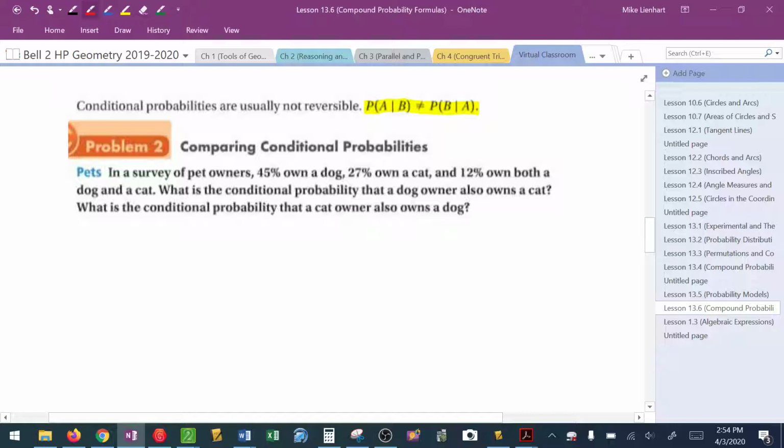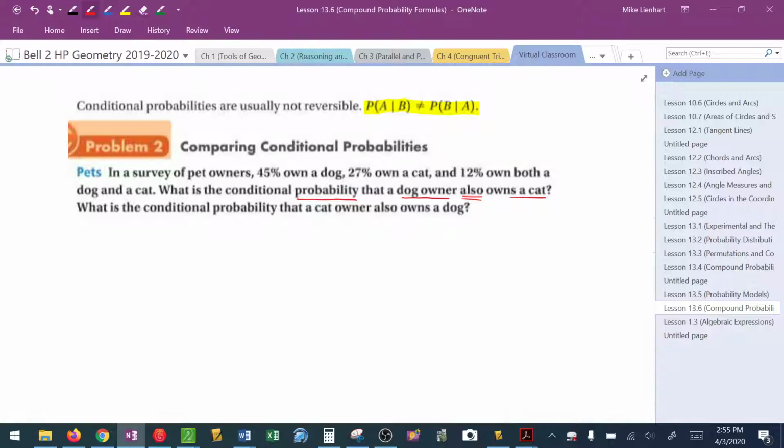In a survey of pet owners, 45% own a dog, 17% own a cat, and 12% own both a dog and a cat. What's the probability that a dog owner also owns a cat? A dog owner, that's our given.